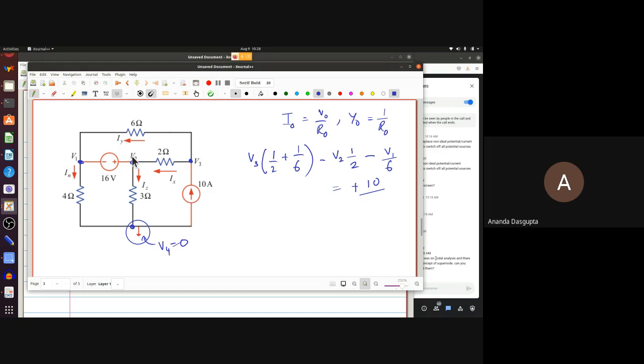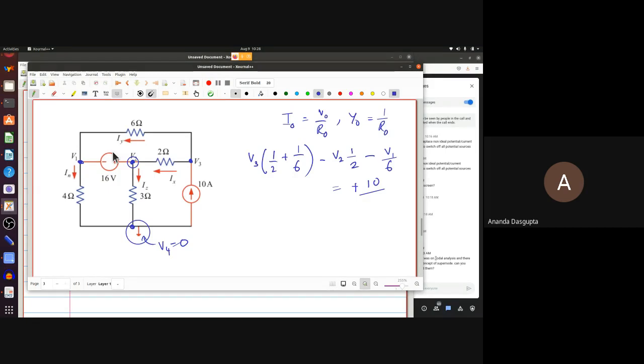The moment you try writing down the Norton equation for this node, you run into trouble, because you know how much current is flowing through this, you know how much current is flowing through this branch. You do not know how much current is flowing through this branch, simply because the 16-volt ideal source can carry any current whatsoever. Of course, it doesn't carry an arbitrary current.